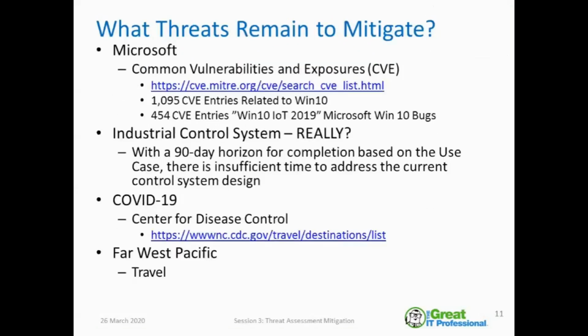The threats that remain to mitigate are the Microsoft, the common vulnerabilities and exposures, the CVEs, and the industrial control system. Even with a 90-day horizon for the completion based on the use case, there really is insufficient time to address the design of the current system.